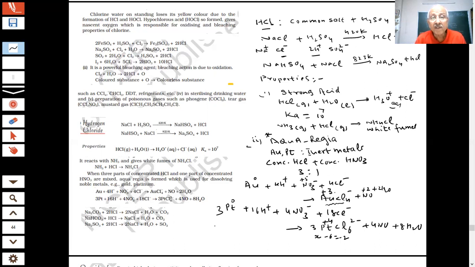Otherwise, what does hydrochloric acid do basically? Salt is formed when acid reacts with a base. For example, Na2CO3 comes from NaOH, a strong base, and H2CO3, a weak acid.